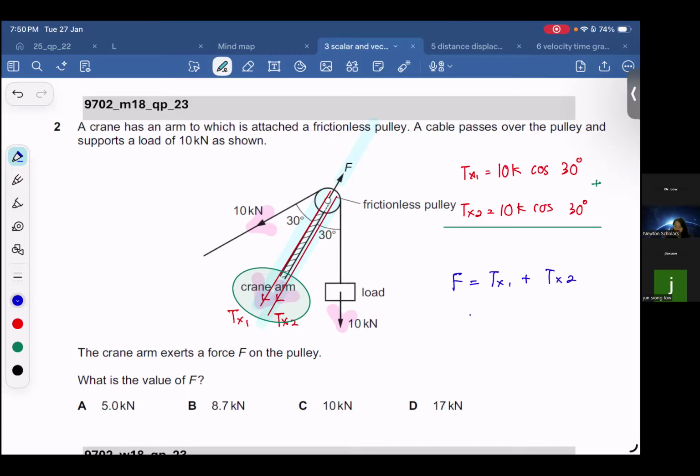So can you count for me? What is the force that we should have in order to be able to support the load? So press your calculator and then tell me what the answer is.